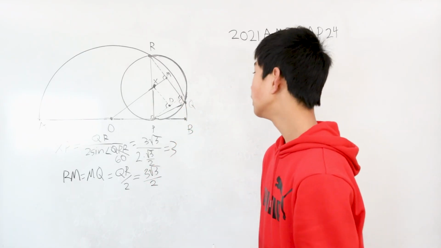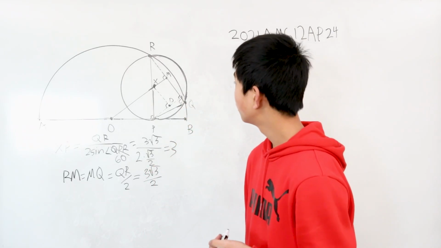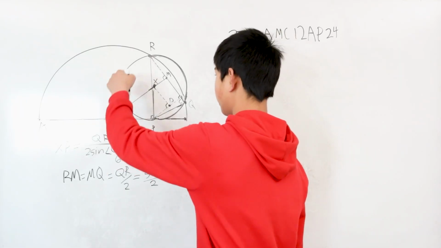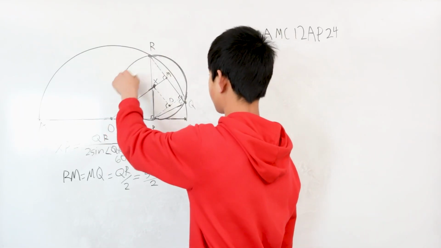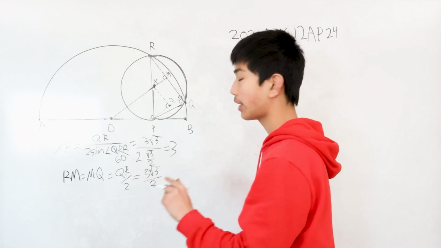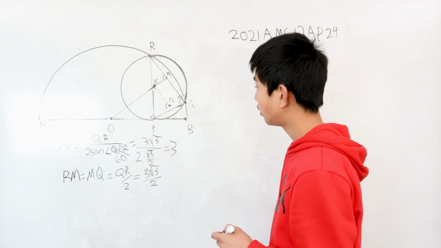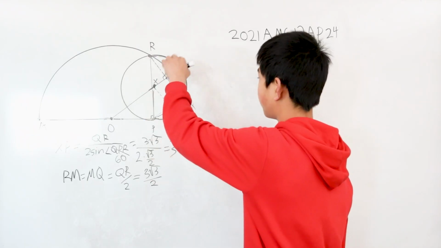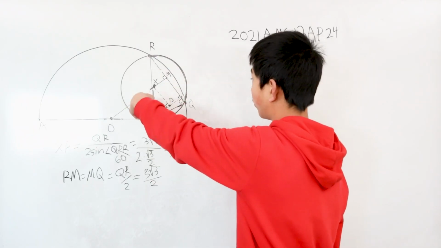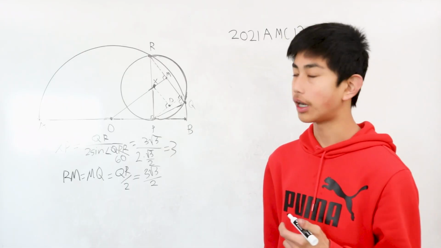Now, if we just draw a line from R to O, we can use the Pythagorean theorem on triangle ORM to solve for the length OM and then find XM and OX and all these segments, because that would help us.